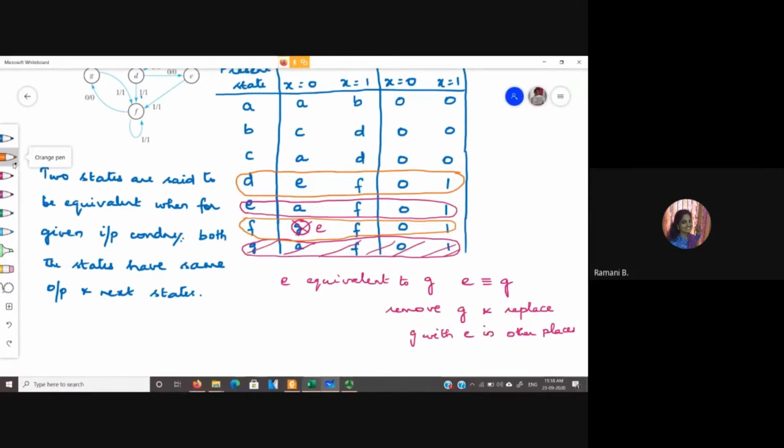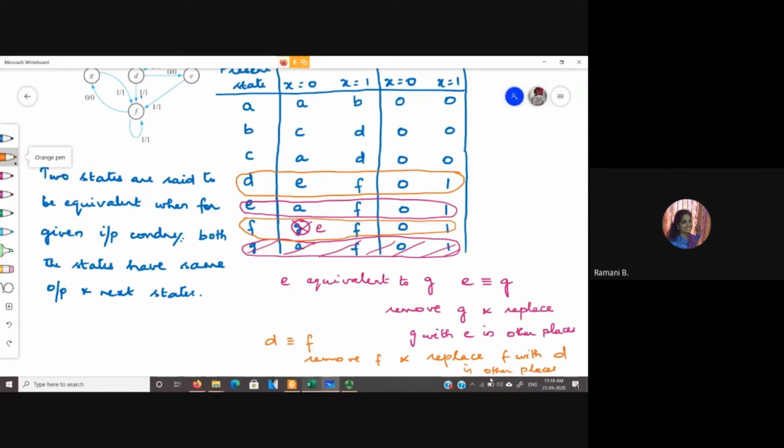So we have D equivalent to F. Now what we do is remove F and replace F with D in other places.